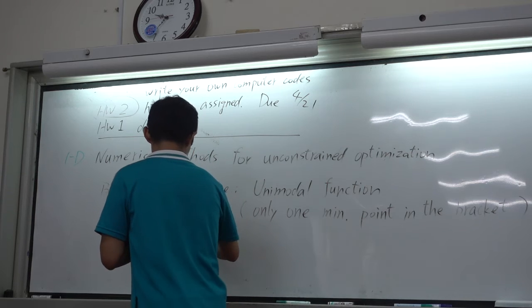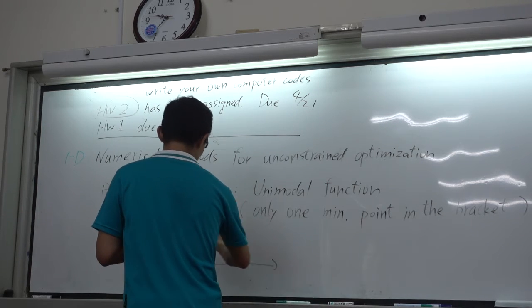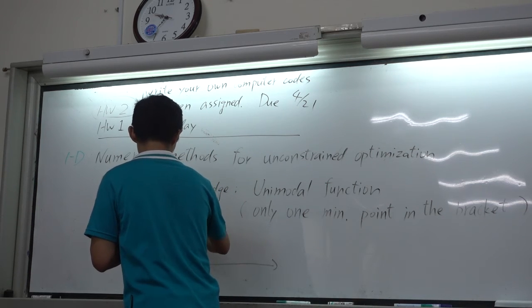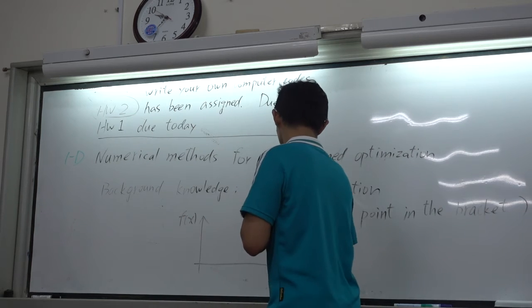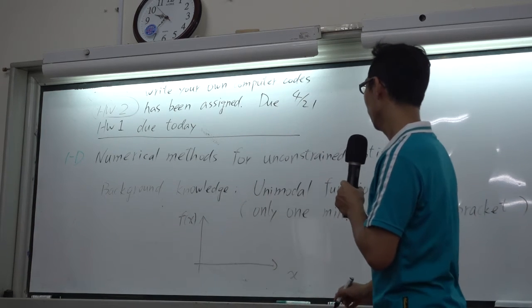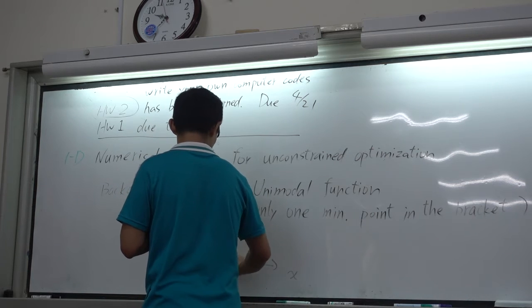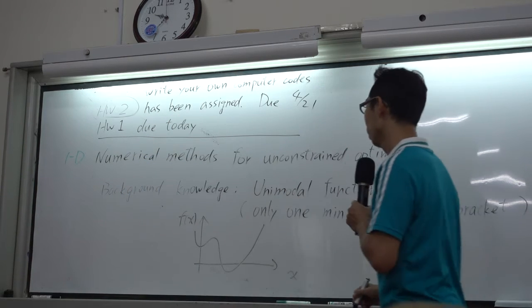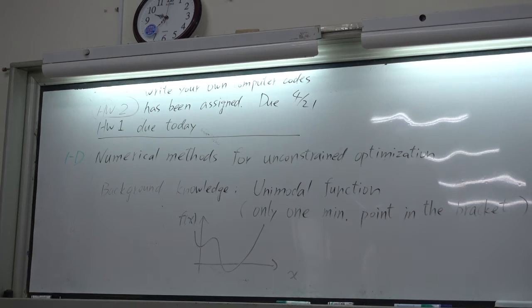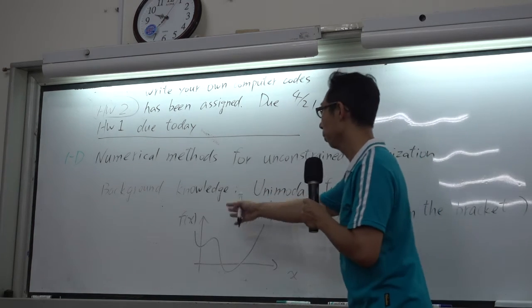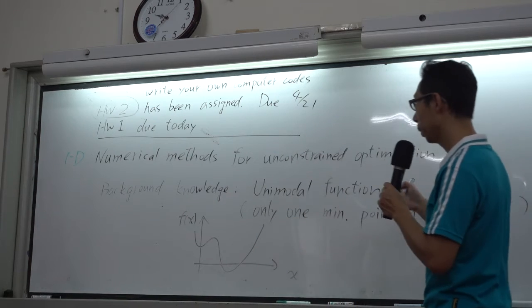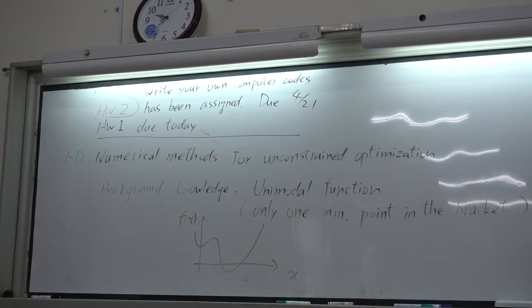Suppose we have a function f of x, and maybe this function looks like this. By looking at the function, you know it's not a unimodal function, because if there's no specific bracket, then it's not unimodal.